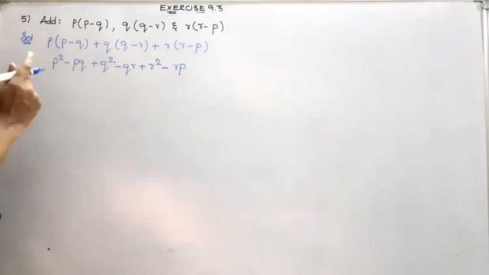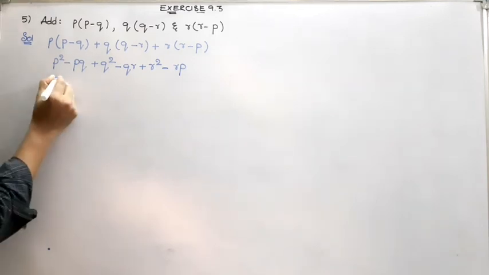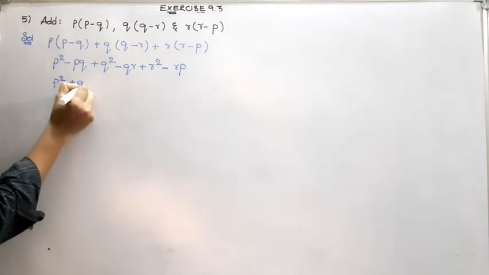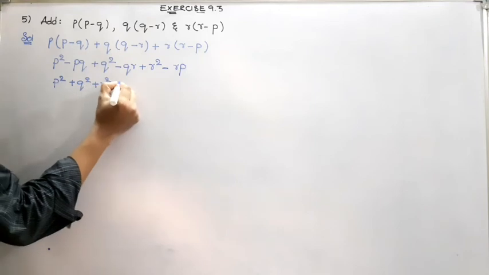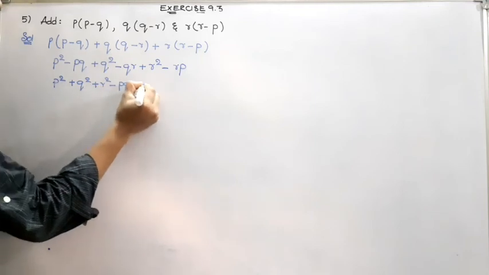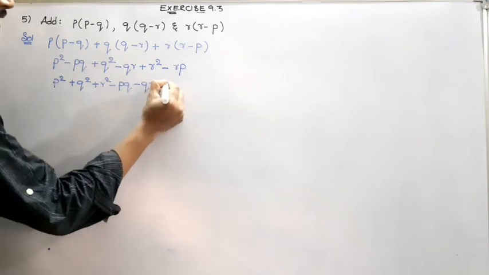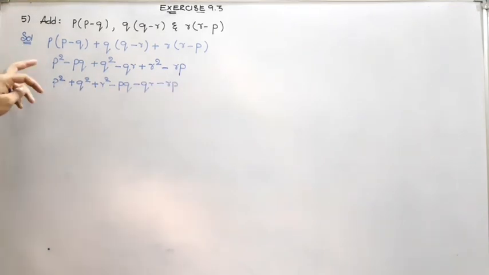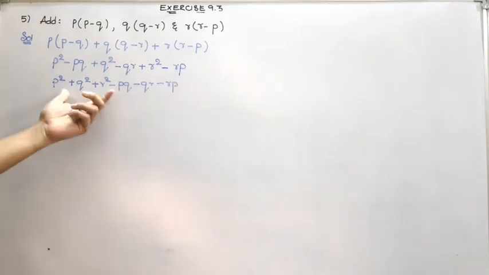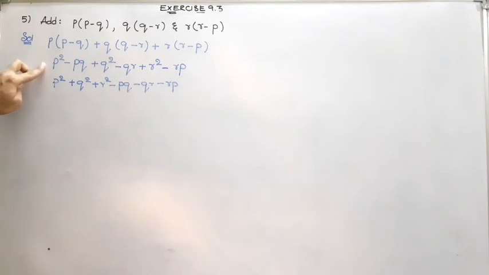So just rearrange the terms. So P square plus Q square plus R square minus PQ minus QR minus RP. If you don't arrange like this also, it is correct. You can stop here, but just to make it somehow good, we are arranging the terms as per the powers, that is squares and all.